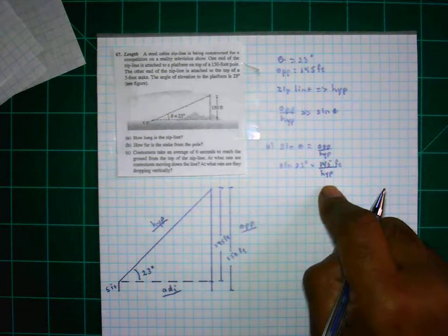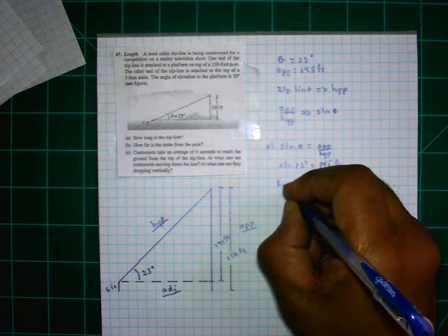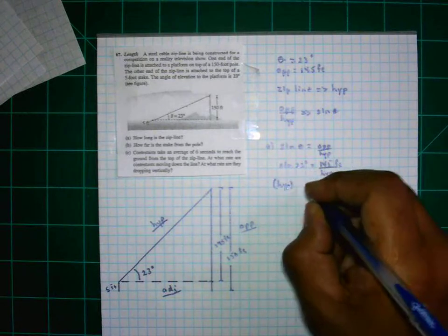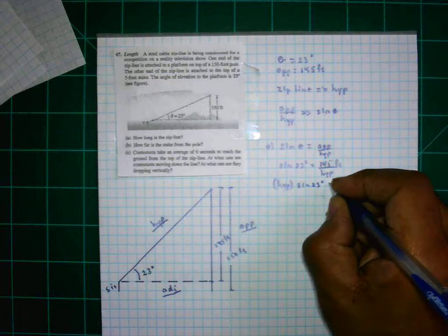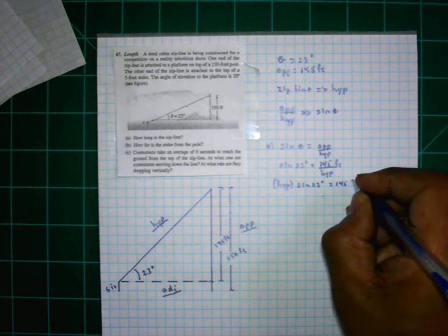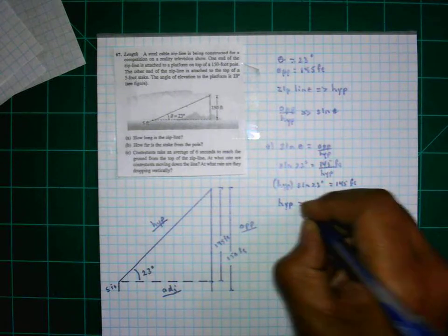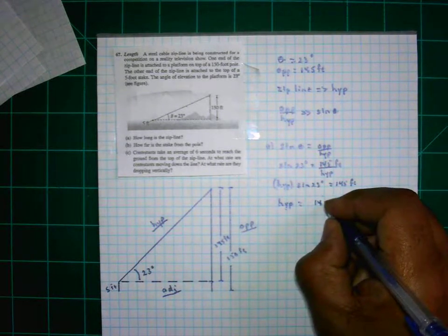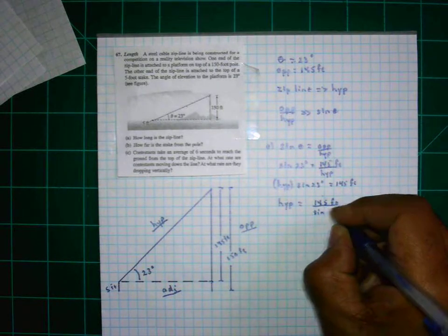I need the hypotenuse, so I have to solve for this. If I multiply both sides by the hypotenuse, I get hypotenuse times the sine of 23 degrees equals 145. So the hypotenuse is equal to 145 feet divided by the sine of 23 degrees.